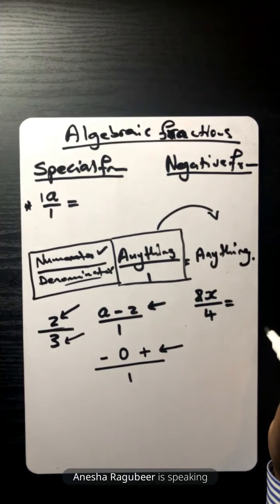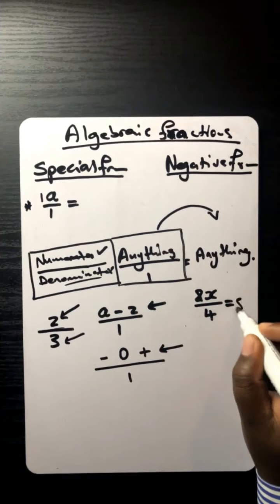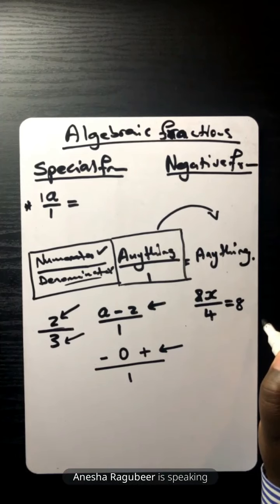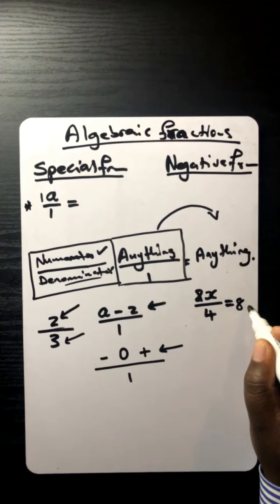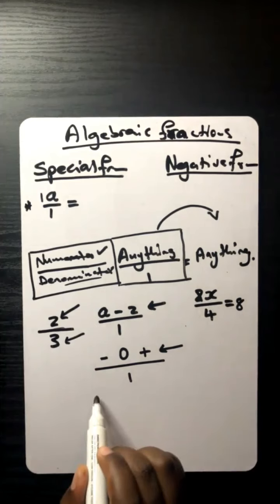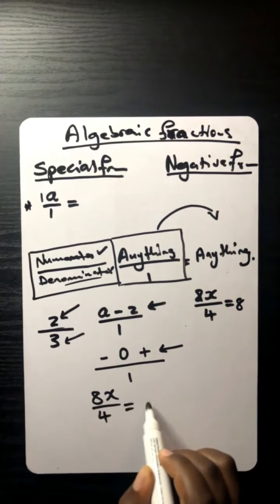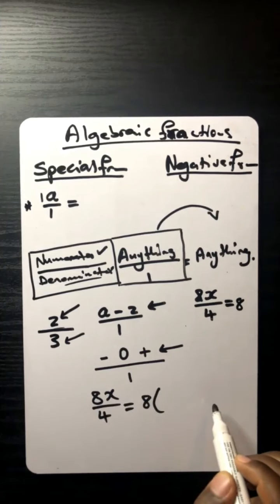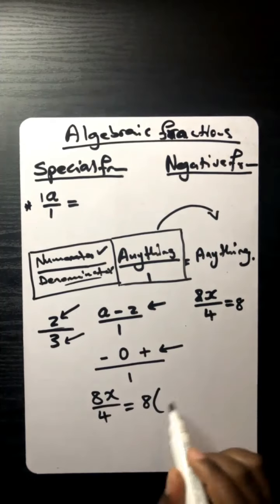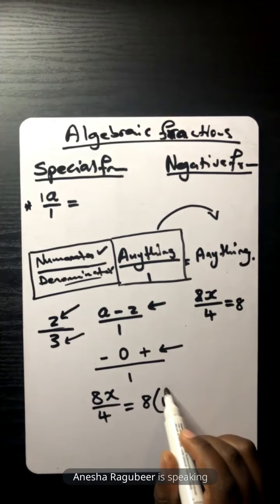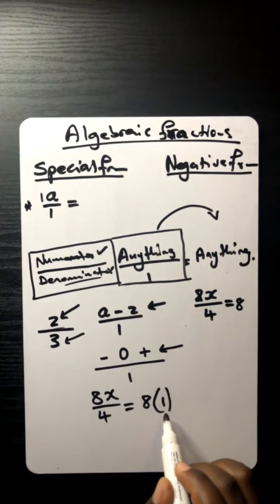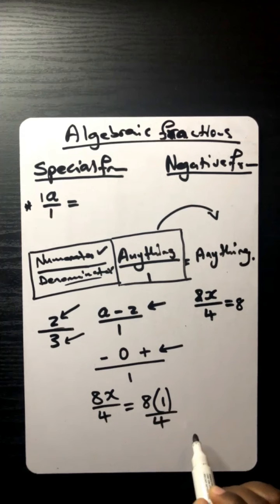So it will be 8, brackets. I'm running out of space. Let me say 8x is equal to 8 into 1 close brackets over 4. All over 4 like that, ne?